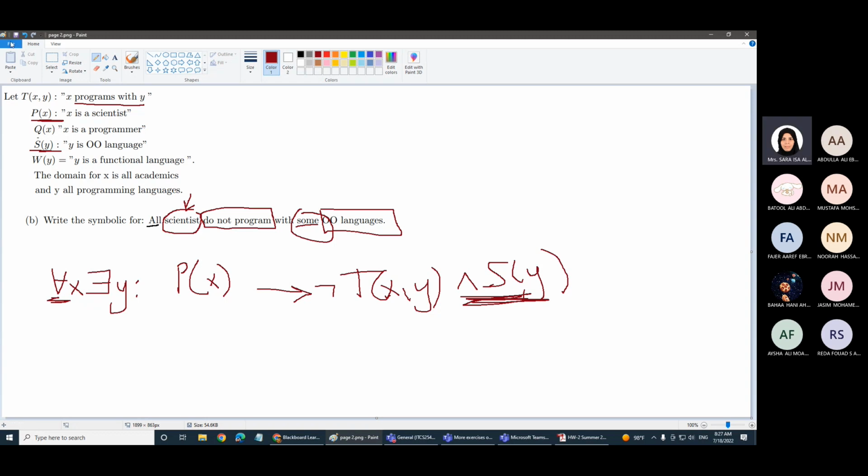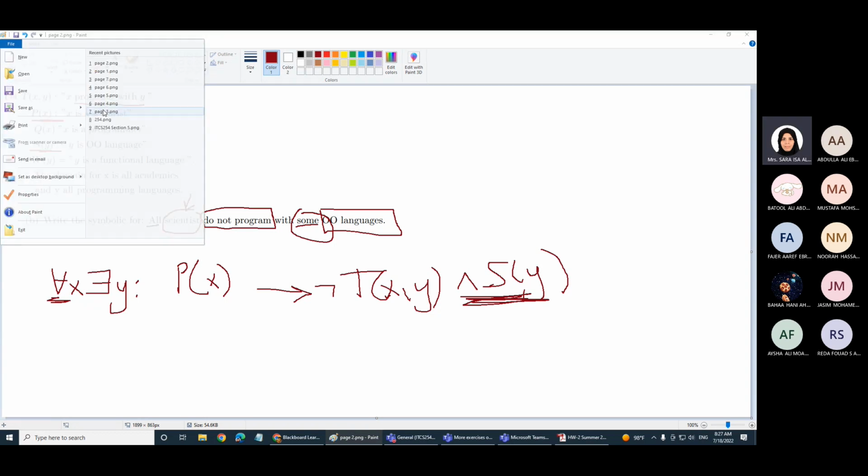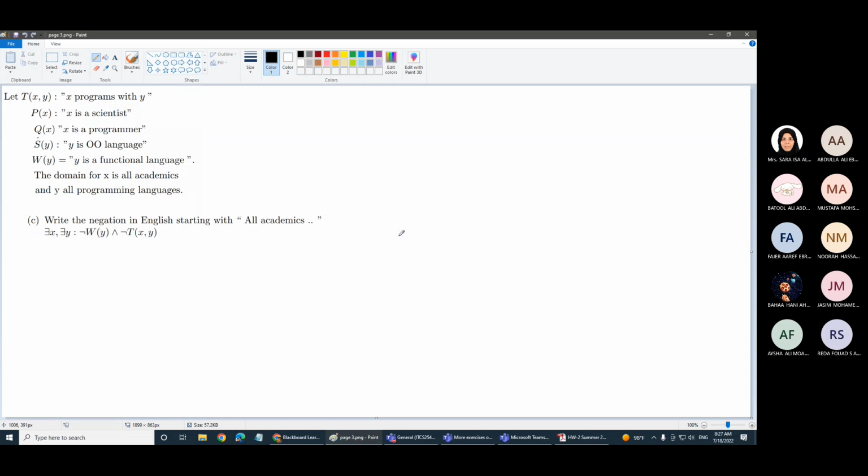I hope not. Now, let's go and see page number 3. With the same predicates, write the negation. So here in the question, they want the negation in English. So this is the statement.